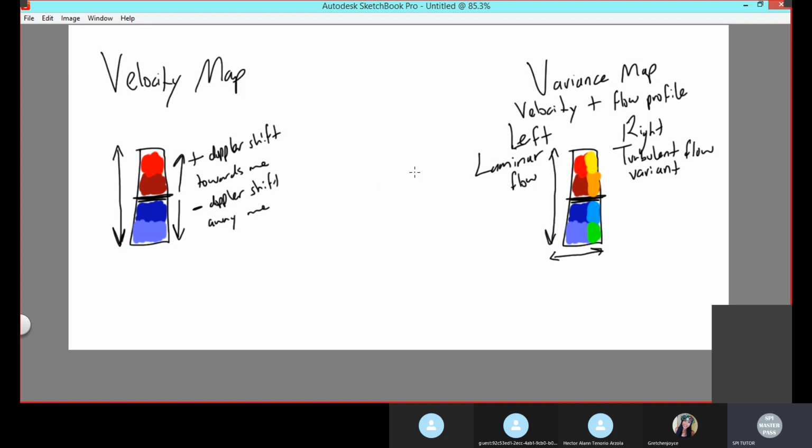Okay, yeah. So this is how you read the maps, the velocity map and the variance map. So if you're asked a question about this, it should be very simple, where you should maybe recognize the map that you're using, or you need to pay attention to what each color means so that you can read the question correctly. Don't assume what the color means.